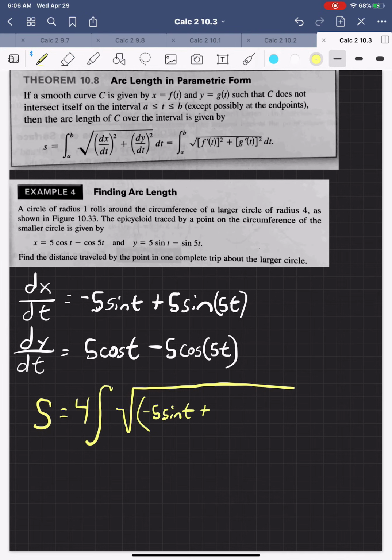So negative 5 sine of t plus 5 sine of 5t, squared, plus, that's dx/dt squared. Now let's take dy/dt squared: 5 cosine of t minus 5 cosine of 5t, all of that also squared. And then there is a dt over here.